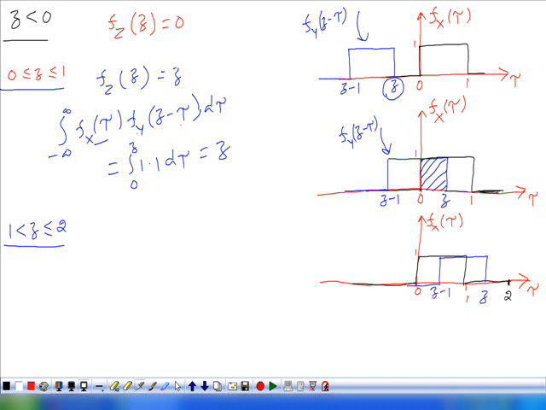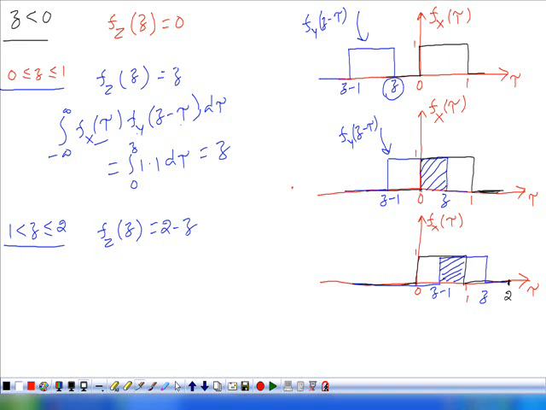Here it is 0. This side also. We draw them clearly. Now, from Z minus 1 to 1, see, from Z minus 1 to 1 it is non-zero. Therefore, what is Fz of Z? 2 minus Z.